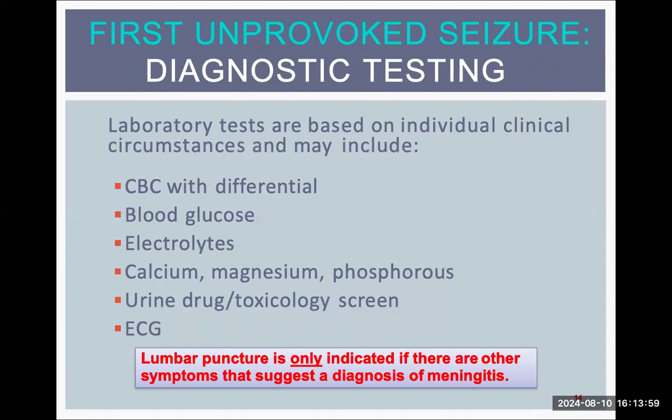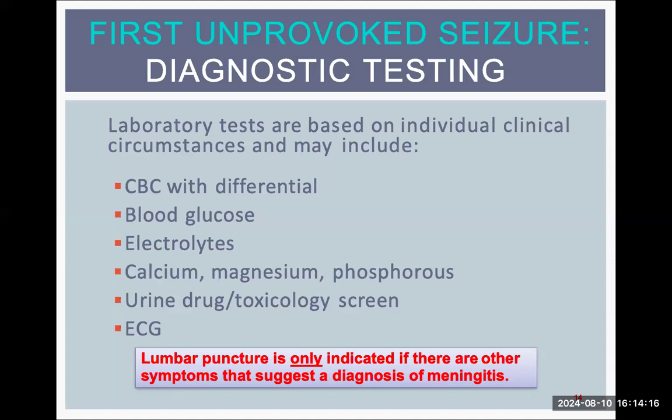And then we will go to the lab investigations. So in the lab investigations, almost all the guidelines recommend to send lab investigations based on the clinical circumstances of the child.